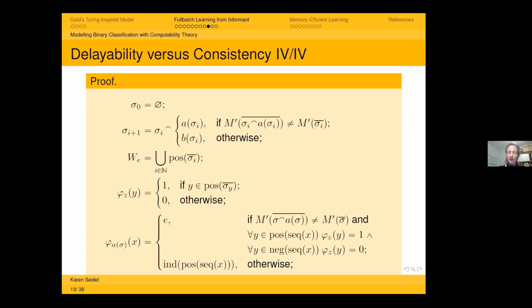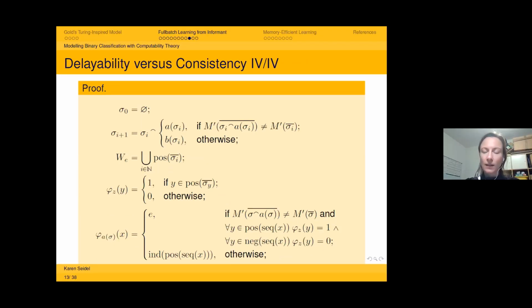And on the same side, this phi_z will witness the decidability of this language. And now A and B are defined in such a way that one can prove that this cannot be learned consistently. So if the learner was total, then it is inconsistent. And this is possible because A and B and e and z are depending on each other. So they all build the small h in the operator recursion theorem, and this whole case distinction that is not complete basically stands for the computable operator.